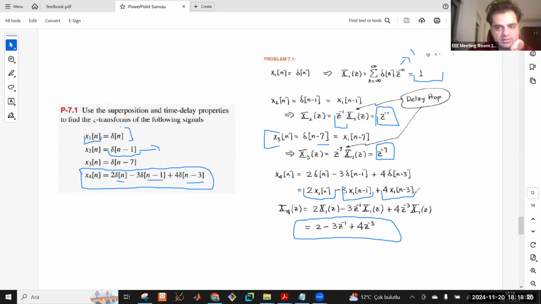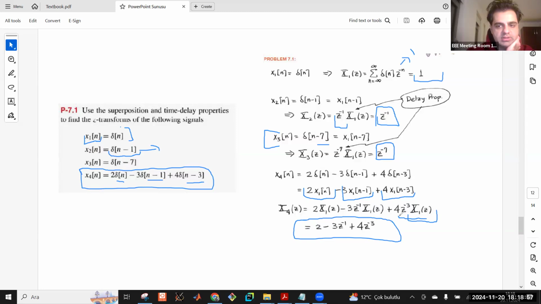The time delay property tells that if the Z-transform of x1 is capital X1, then x[n minus n0] will be represented in the Z domain as z to the minus n0 times X1.